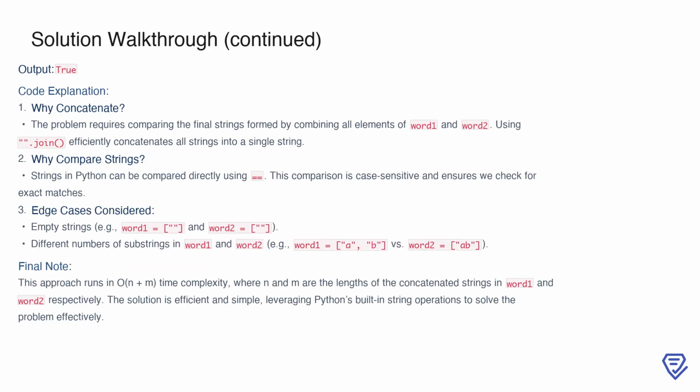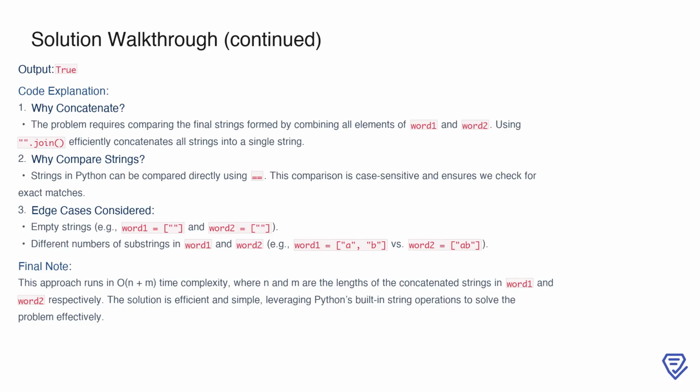Finally, let's break down why the solution works so efficiently. By using the join function, we can concatenate all elements of word1 and word2 into single strings quickly and cleanly. This is crucial because the problem boils down to comparing these final concatenated strings. Python allows us to compare strings directly with the == operator, which is both simple and effective.